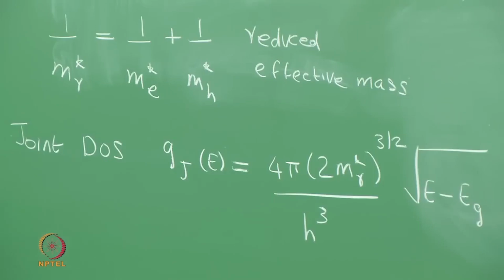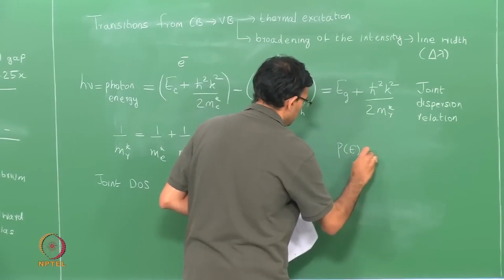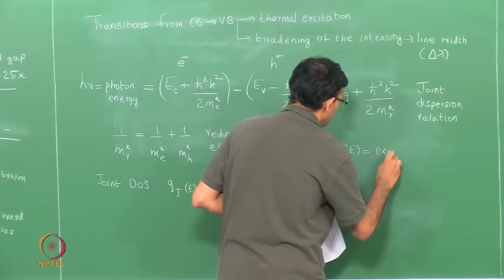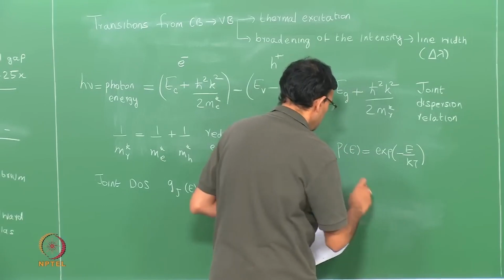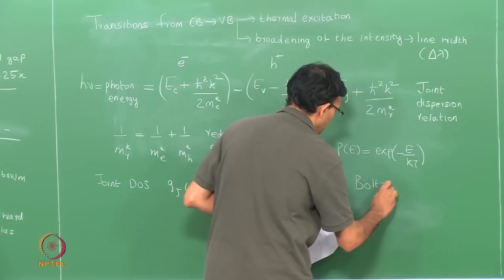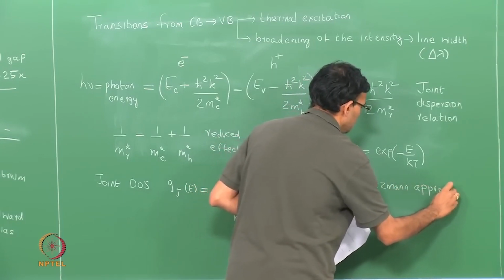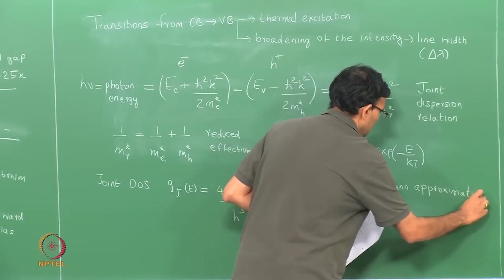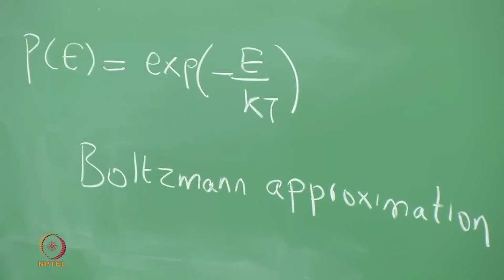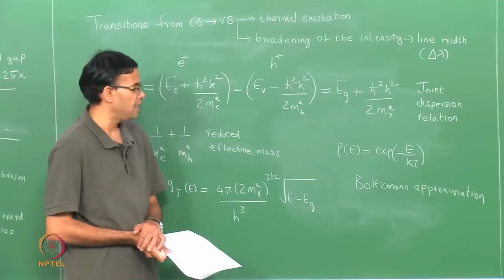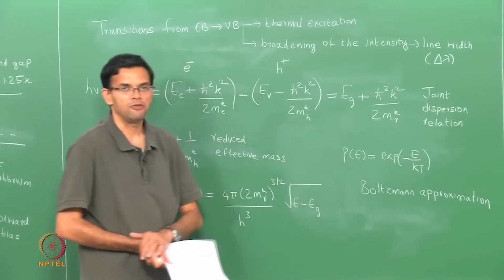You can assume that the occupation is a simple Boltzmann function, so that P of E is just exponential minus E over kT. This is a Boltzmann approximation. So, the line width, which is the spread of the light that comes out from the LED because of thermal excitation, depends upon the density of states and the probability of occupation.